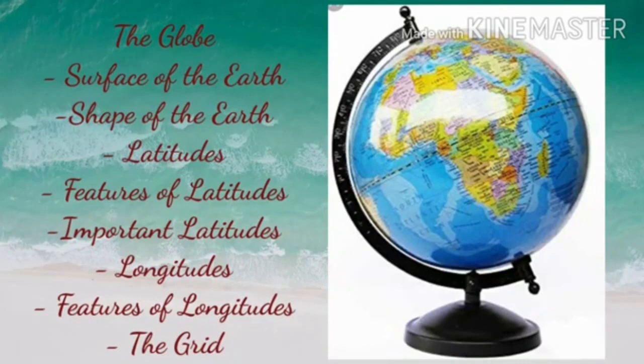Yes, the point at the bottom represents the South Pole and the point at the top represents the North Pole. Here, an imaginary line running from one pole to the other through the center of the earth is called the axis. So, the earth rotates on this axis.